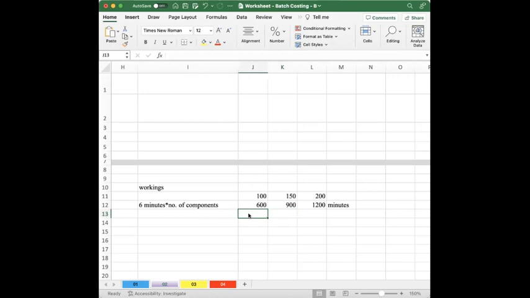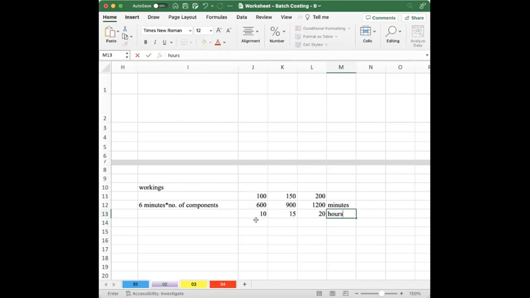So how are you going to convert these minutes into hours? Divide this by 60, right? Per hour, there are 60 minutes. So if we are converting these minutes into hours, we need to divide it by 60 minutes. Once you divide these total minutes by 60, you get the hours that are required for these components, right?